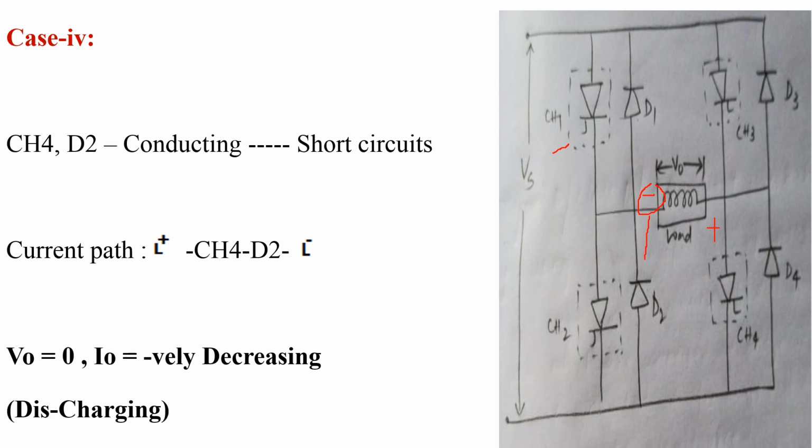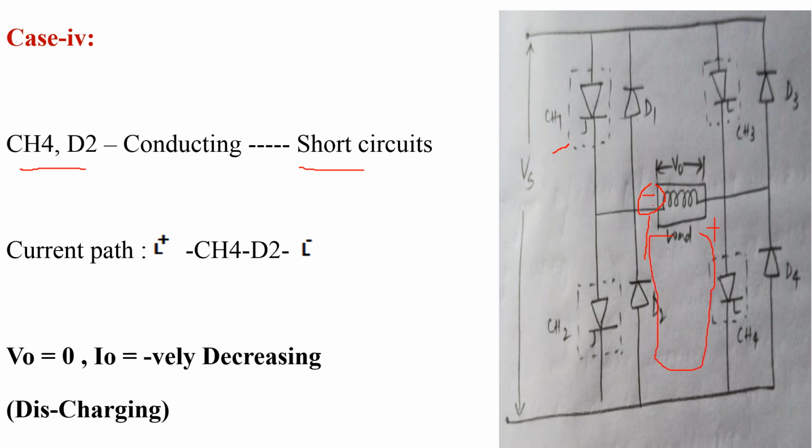So in this case, consider CH4 and D2 are in conducting state, which act as a short circuit, and all remaining diodes and choppers are in open circuit, and the inductor starts discharging from positive polarity to negative polarity in the direction of L plus, CH4, D2, and L minus.